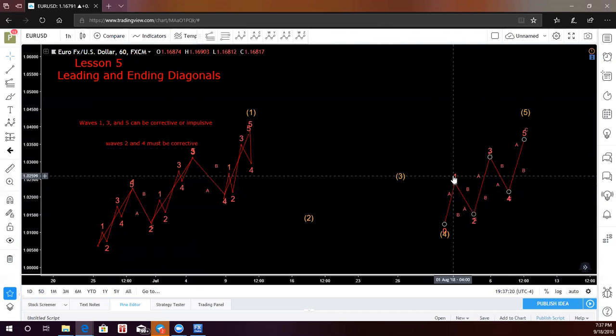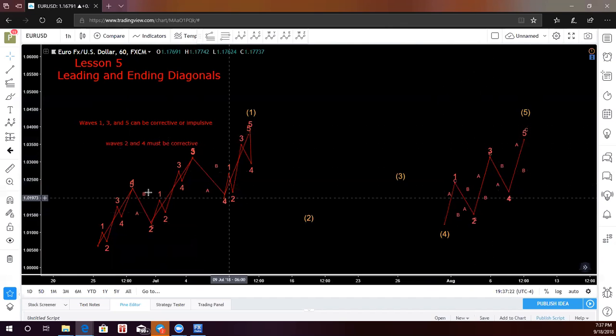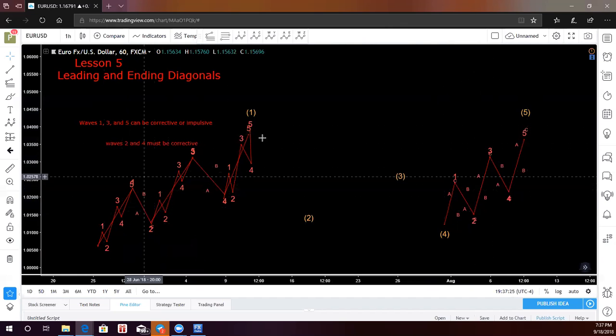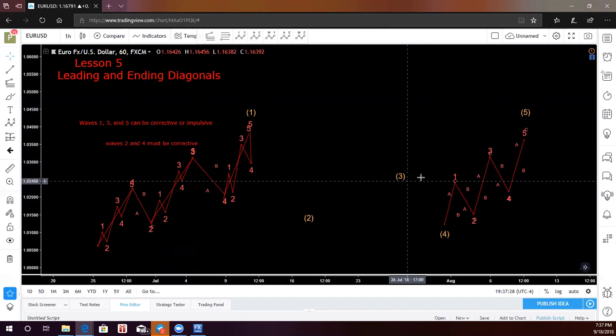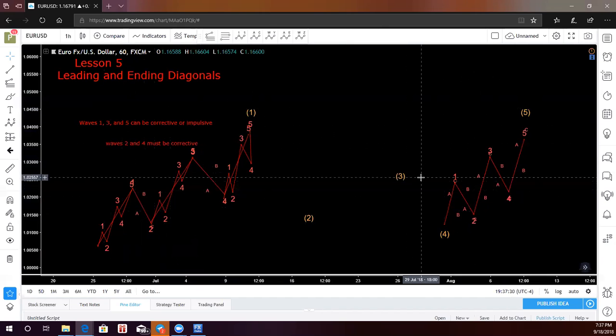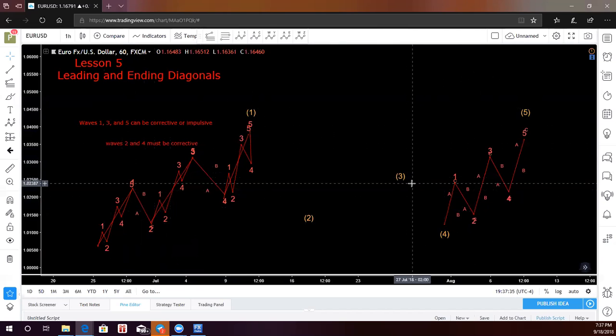However, the main 1, 2, 3, 4, 5 of leading and ending diagonals will not follow any ratios at all. So that's something to keep in mind when you're plotting a leading or ending diagonal.